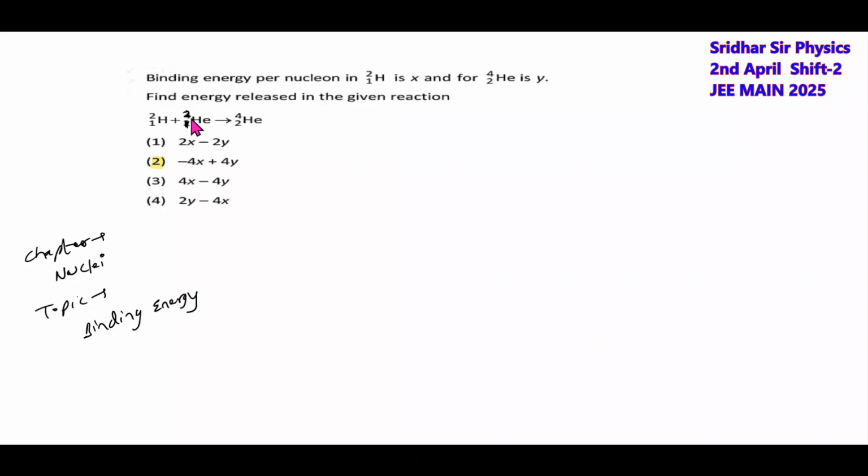So two deuteriums combine to form helium. You can call this a fusion reaction. We have to decide which particular equation is suitable. These are called parents, and this is the daughter.